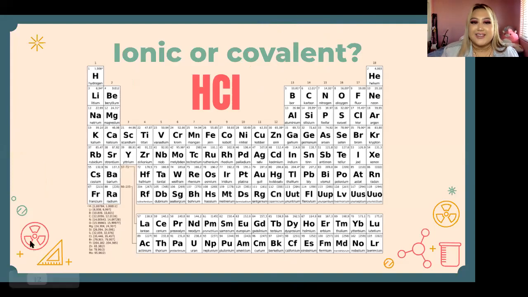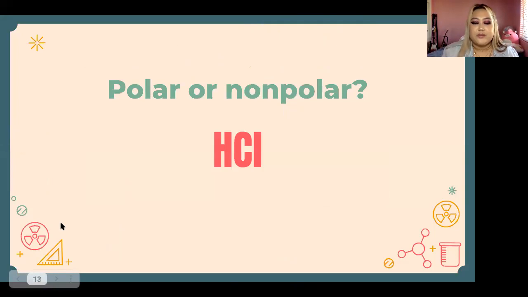I think we have one more actually, but I'm not sure. Let me see. Oh, by the way, is it polar or non-polar before we move on? This one we have to kind of use the electronegativity type. Polar, yeah, exactly.